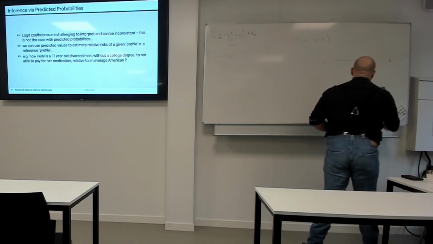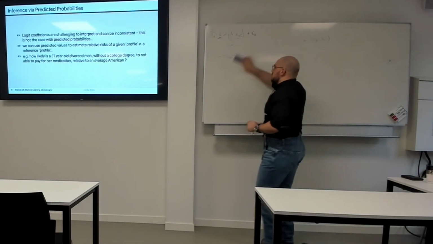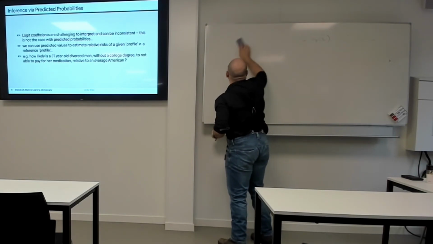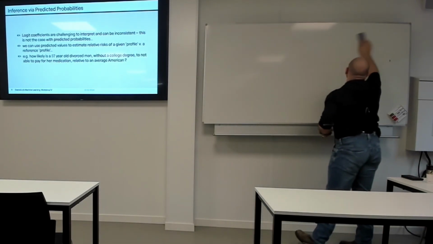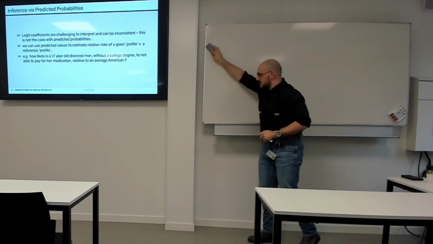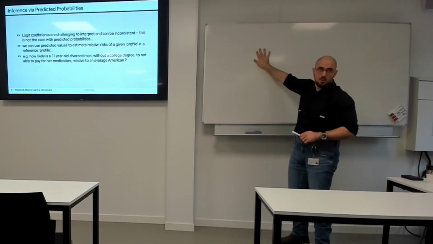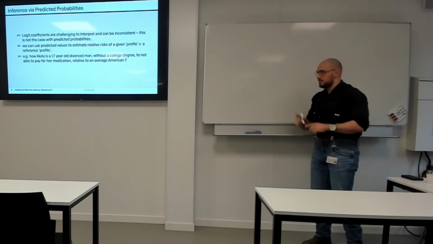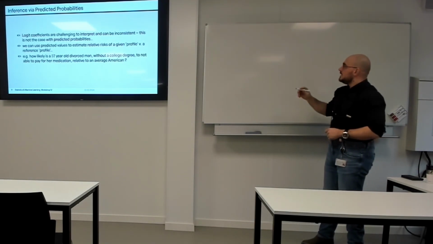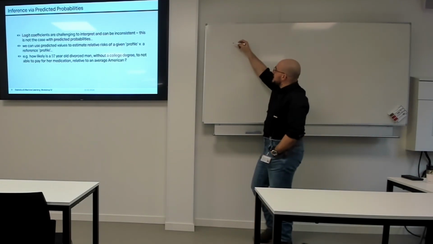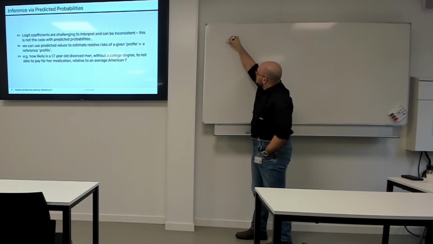Because it sucks so much to work with odds and odds ratios, and logistic regression has all these problems, and it's difficult to interpret, there is an alternative. Okay, so I want you to look at my board now instead of the screen.